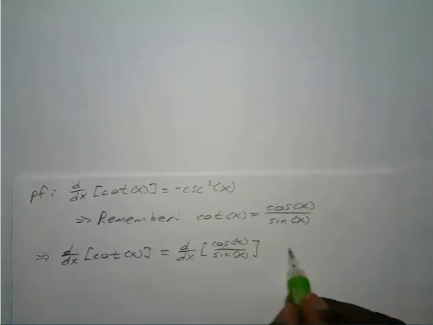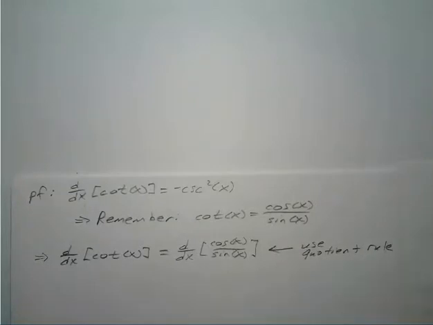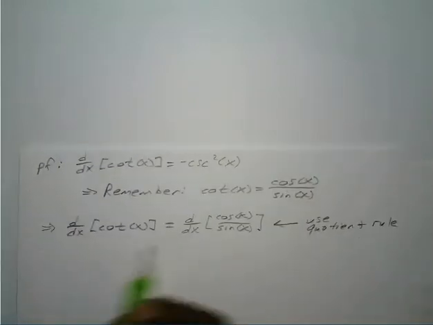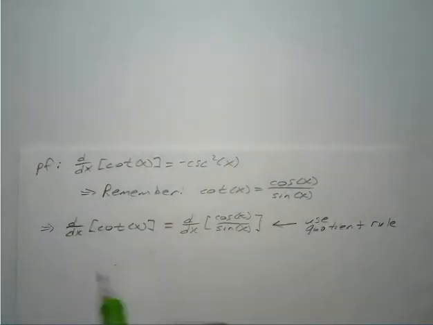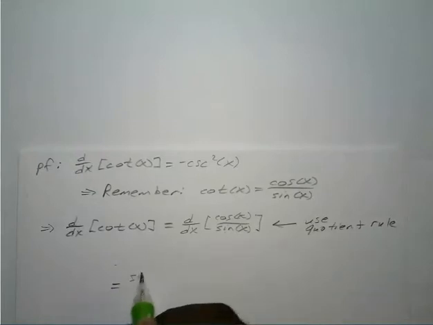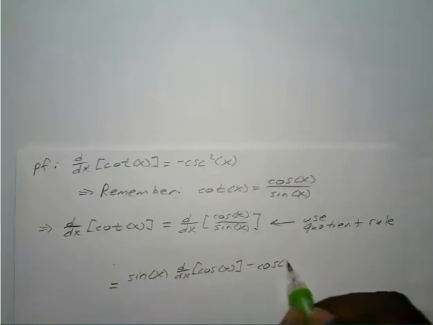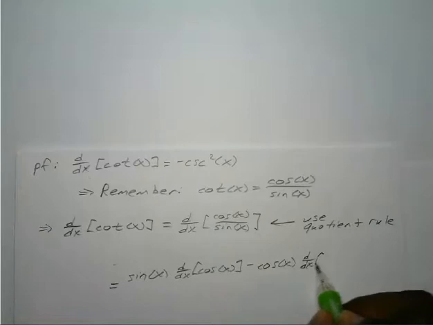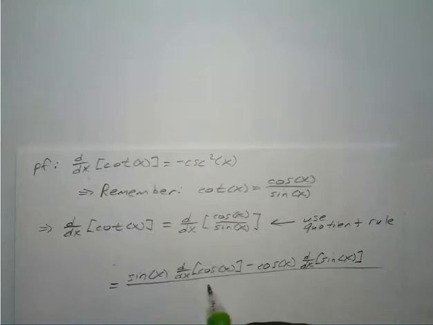Okay, and once again, we're going to use the quotient rule. So we have our denominator times the derivative of our numerator, minus the numerator times the derivative of our denominator, all over your denominator squared.